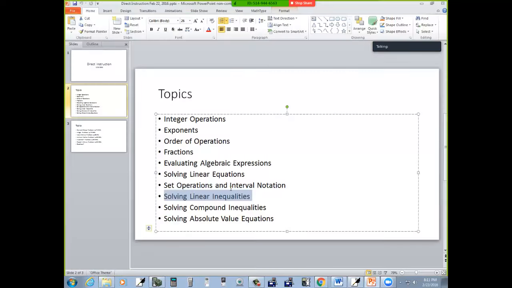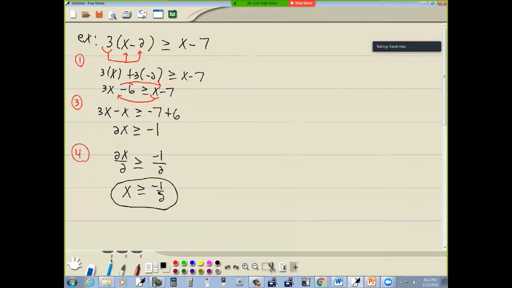I skipped over set operations and interval notation. Part of what's included in here is how to write this in different forms, which we'll talk about. There's one called set builder notation, and these really do apply when you're working with inequalities. For set builder notation, you put curly brackets, you put x with a vertical bar, and then whatever your answer was.